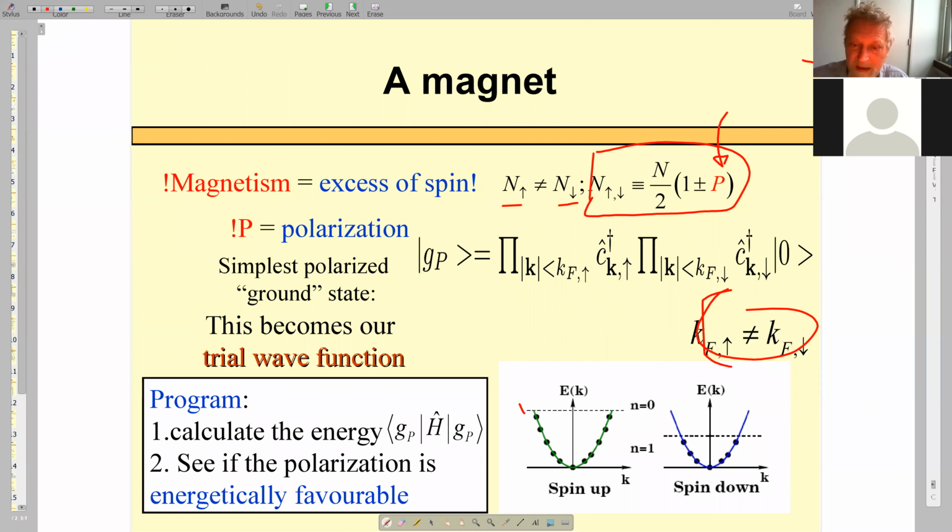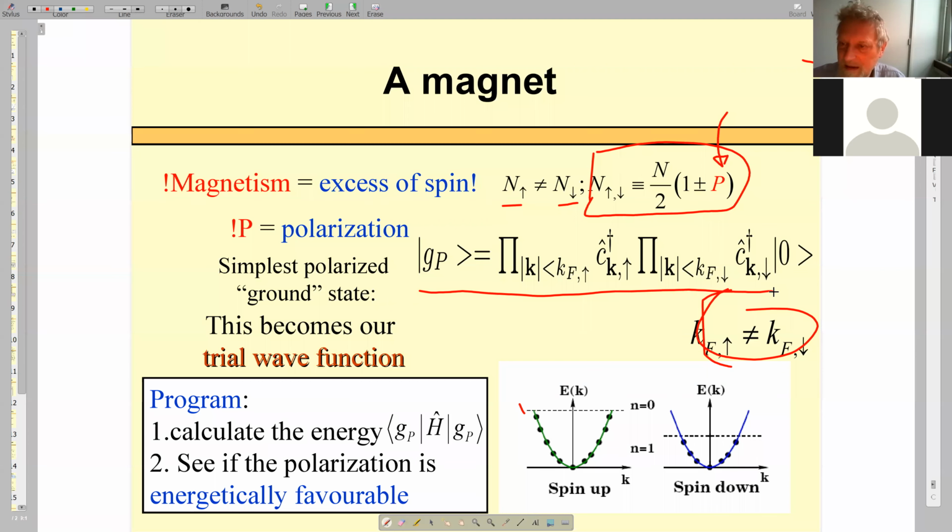Right, and we can write down the state in terms of creation operators. Our assumption is that this is the ground state. But let's see that we understand how it is organized.